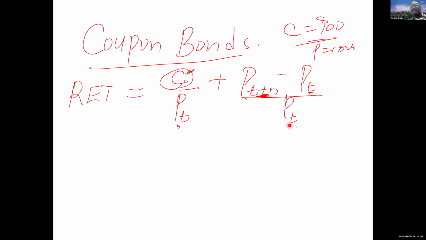If you sold it after 2 years, this coupon payment would be $200 because every year you get $100. So after 2 years, that C would be $200. If you sold it after 3 years, this coupon payment C would be $300. Because those are the total payments that you would have received thus far after 3 years from holding this coupon bond.